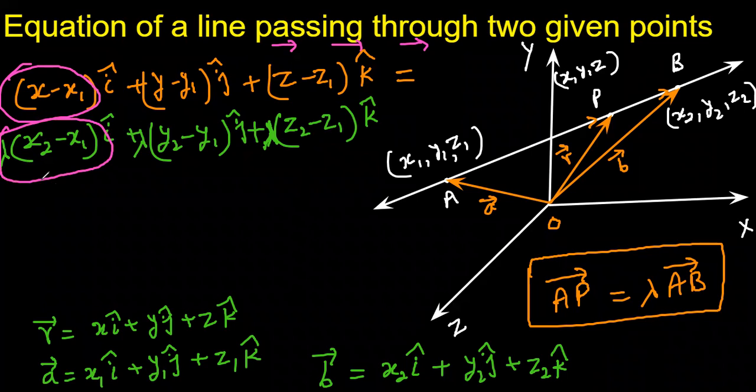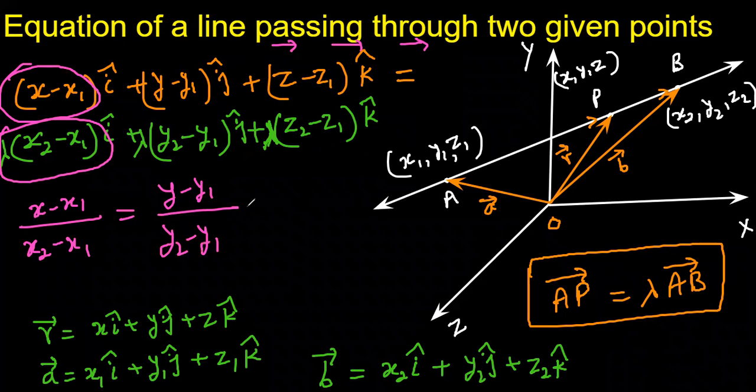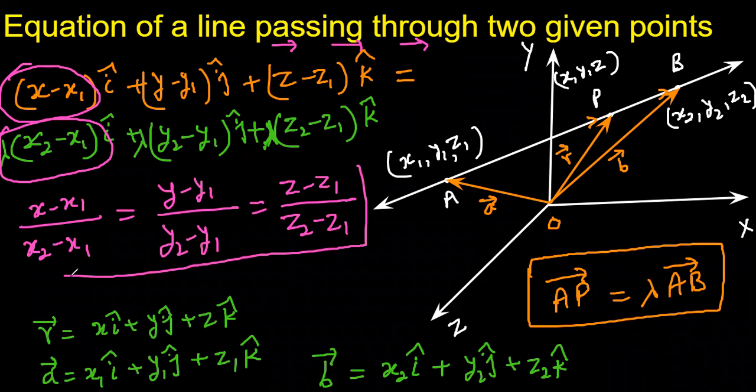That means lambda is equal to x minus x1 divided by x2 minus x1. Similarly, you will get y minus y1 over y2 minus y1, and from the third one, z minus z1 over z2 minus z1. So that is the Cartesian form of the equation of a line passing through 2 points.